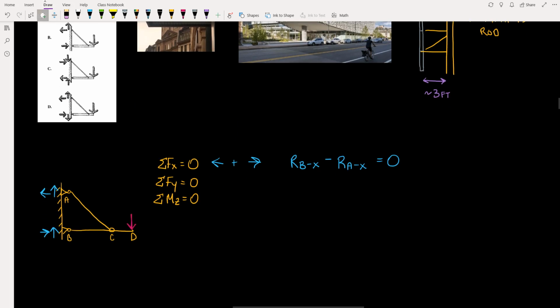So let's move on to our next equation, sum of forces in the y. Well, sum of forces in the y, here we have, for this example, a positive, and a negative. So this actually could add up to 0, potentially. Both of these two reactions would have to be less than the force D in order for it to equal 0.